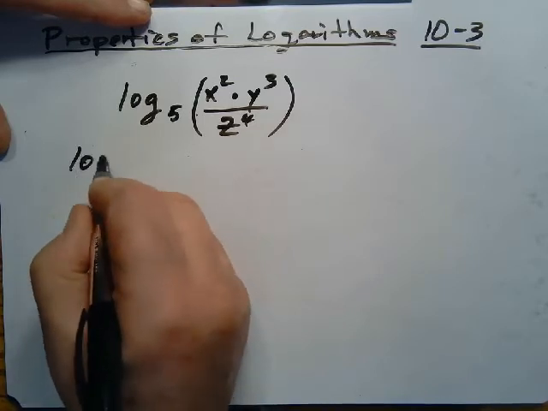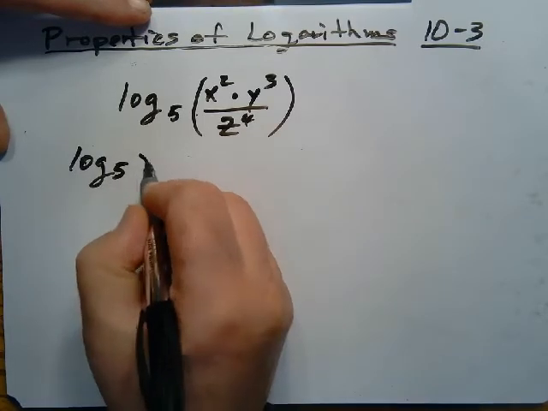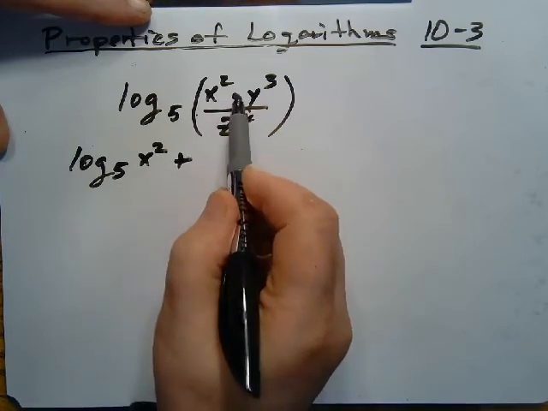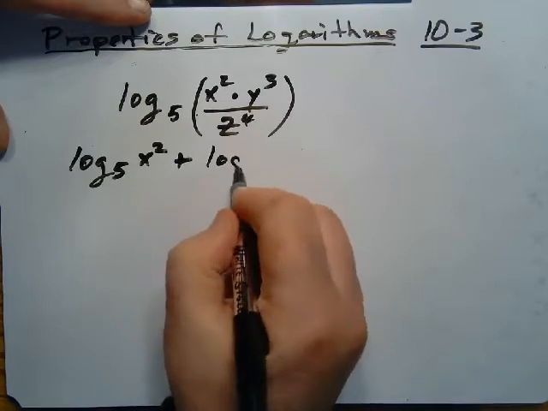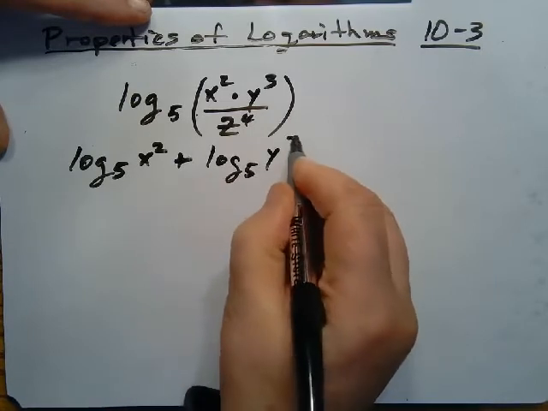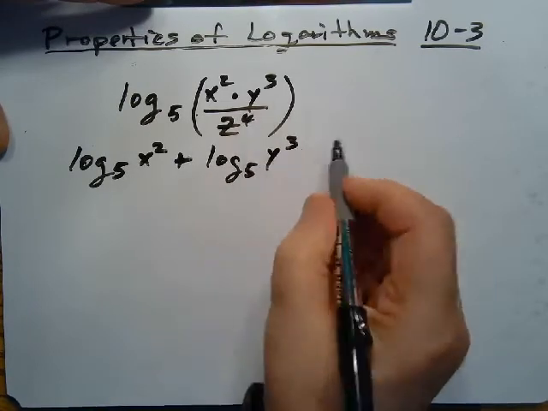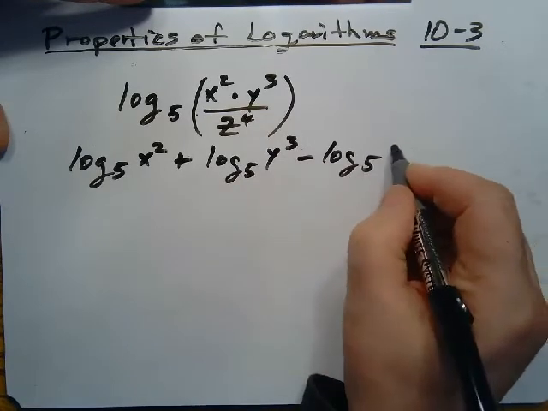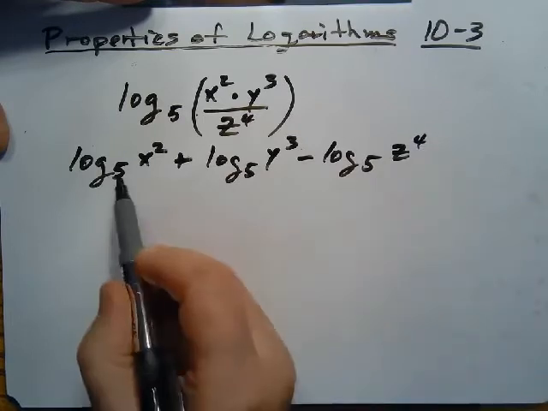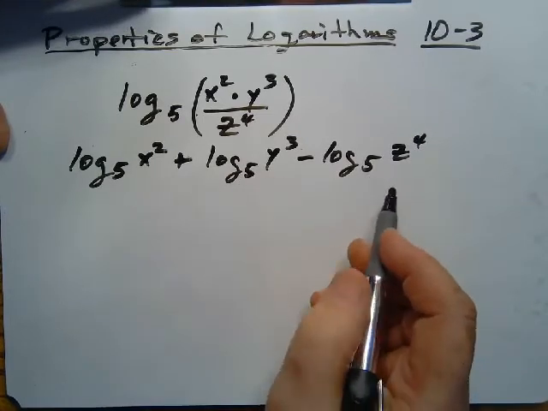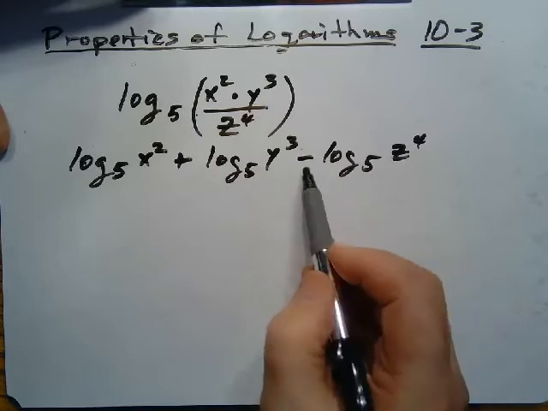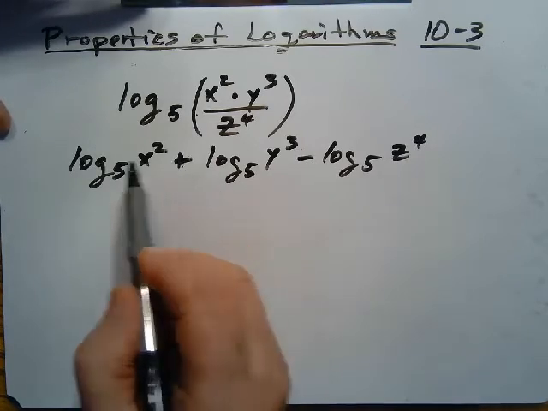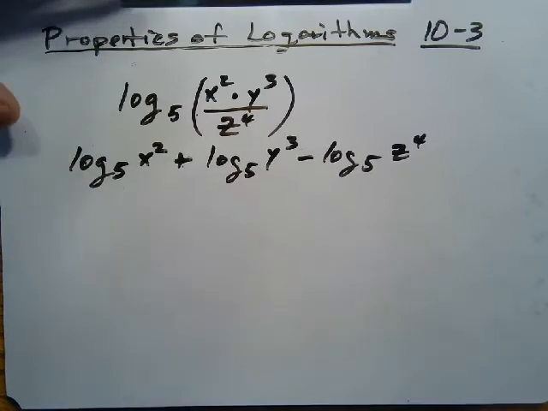But this is log base 5 of x squared plus, remember the request is multiply, so I'm adding log base 5 of y to the 3rd, and then dividing, minus log base 5 of z to the 4th. So note again that the bases haven't changed, the divided one has a subtraction sign in front of it, and the ones that are multiplied in the numerator both have positive signs.